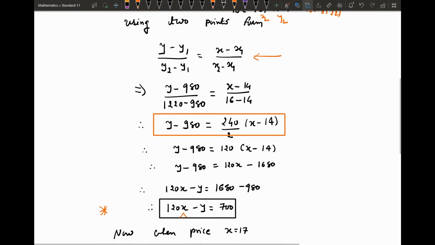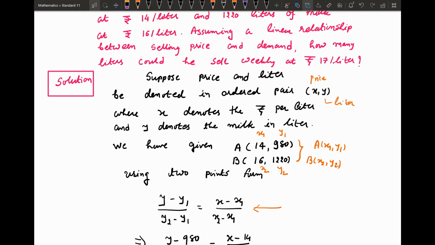So simply we make ordered pairs, where the x coordinate indicates price and the y coordinate indicates milk in liters. Use the two points form: (y minus y1) upon (y2 minus y1) equal to (x minus x1) upon (x2 minus x1).